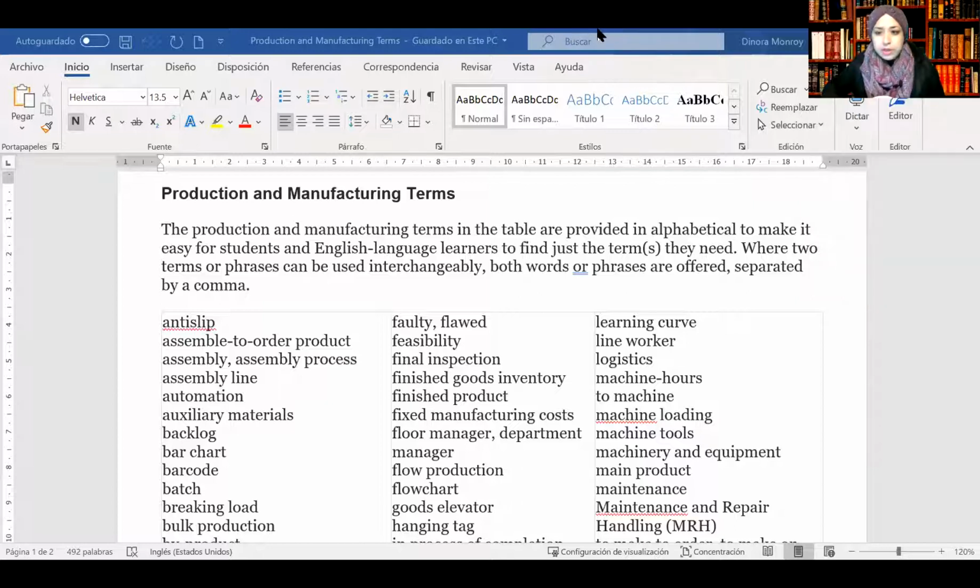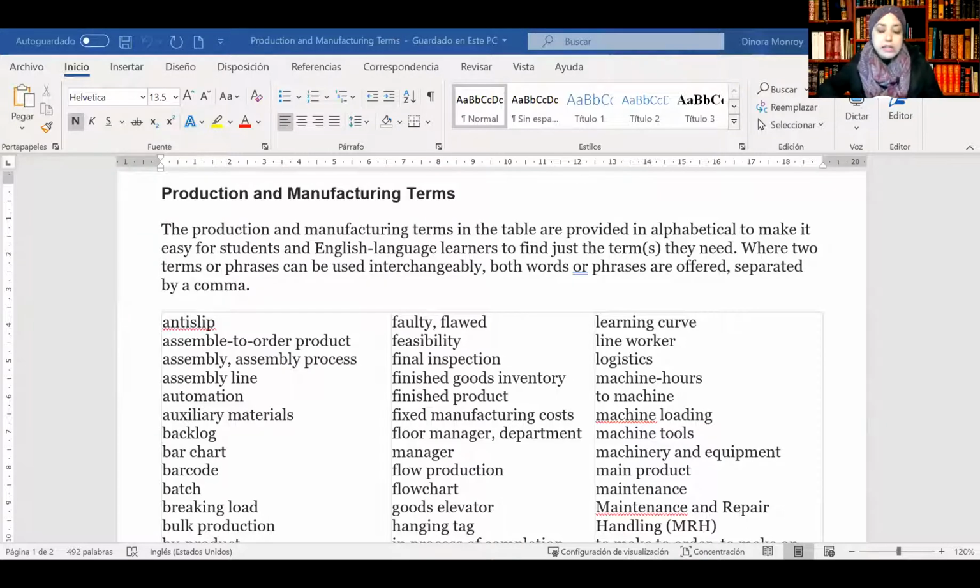Okay. So here's the thing with this. I just added this to your Canvas session. So in your platform, you're going to be able to see this document also. It is a list with terms. As you can see, there is this table that is provided in alphabetical order so that you students of the English language can find the terms that you need.